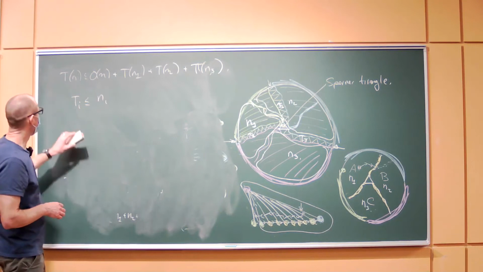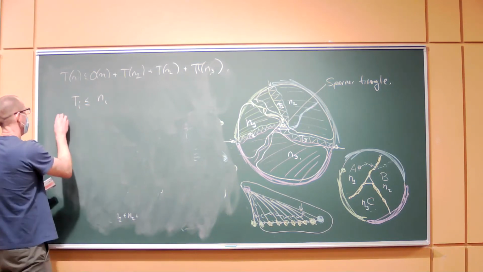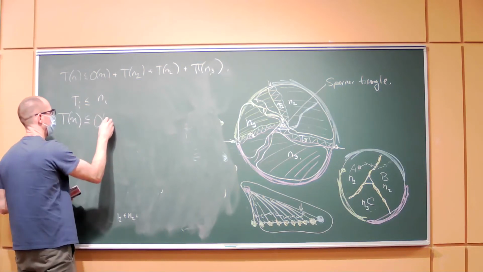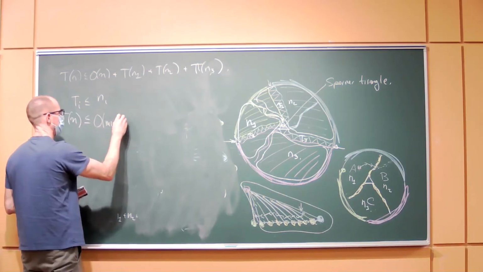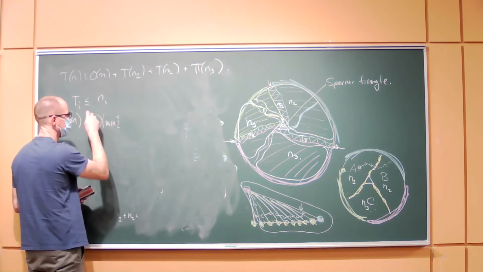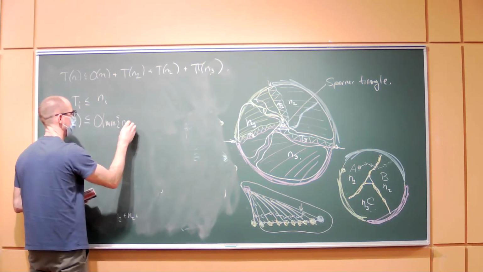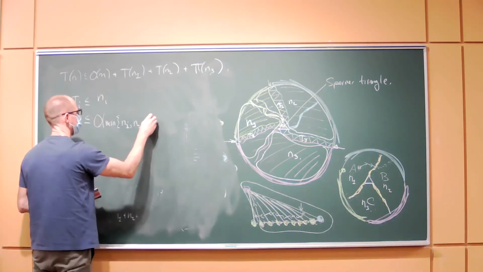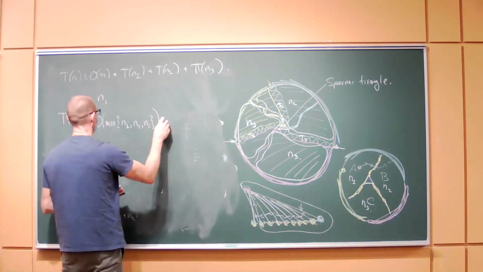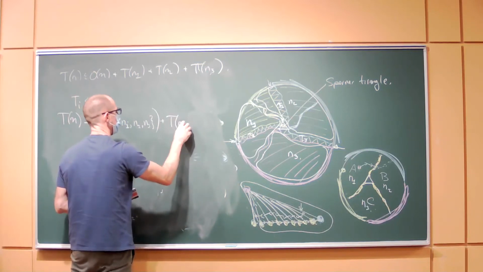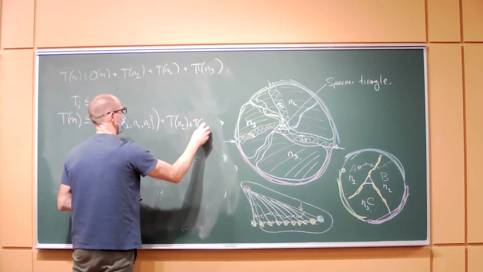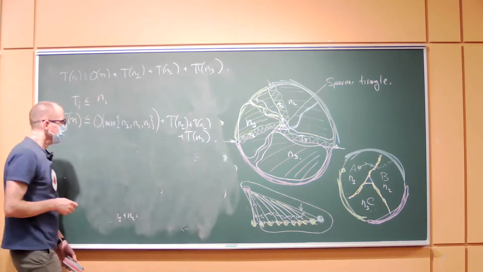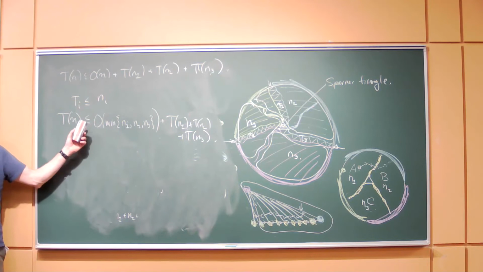So this recurrence is going to change now. It's going to become T of n is less than or equal to the min, well, of the tunnel lengths, but each tunnel is smaller than N1, N2, and N3. So the minimum of these three things plus T of N1 plus T of N2 plus T of N3. And this is a very different recurrence.